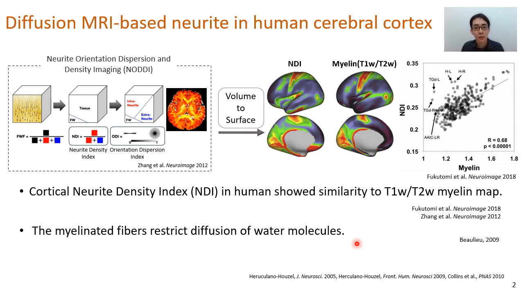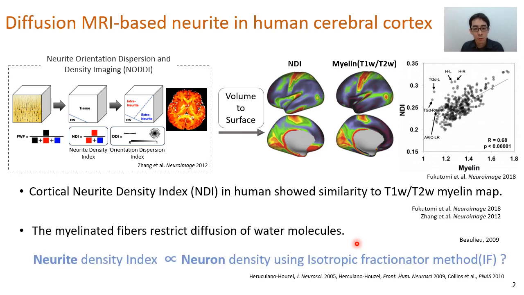However, much less is known about the cellular organization estimated by NODI, because it's impractical to directly measure neurite density in histology. To address this issue, we hypothesized neurite density index (NDI) correlates with neuron density, because we thought the neuronal membrane would also restrict water diffusion, and there must be some correlation between the amount of neurites and neurons.